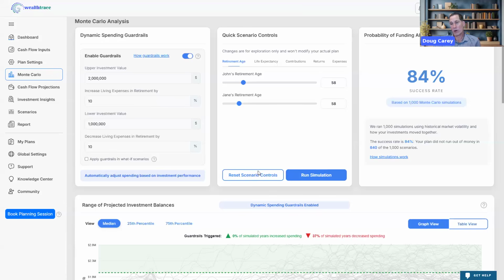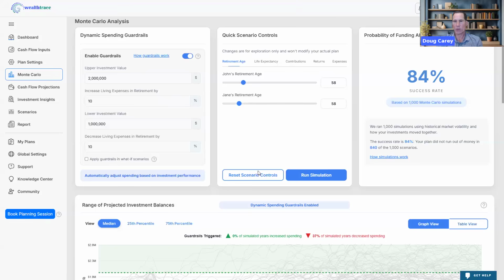Another good question from a mathematical perspective. What is the difference in Monte Carlo results if you use 10,000 versus 1,000 scenarios? Well, long ago, I actually tested this. I tested a lot of different numbers of simulations, and it turns out that in my tests, 1,000 is really good.